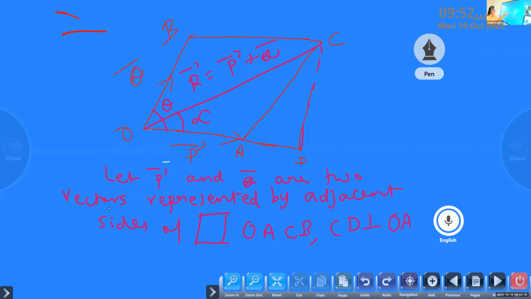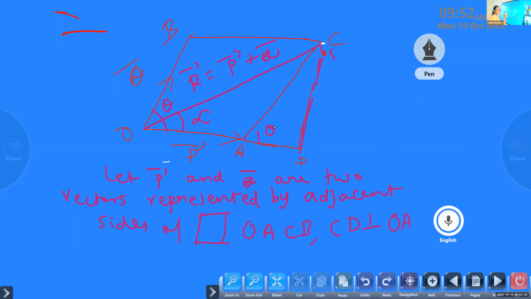So OA is OA. OD is equal to OA plus AD. If this is theta, you have learned some identity using theta. If it is theta here, here also it is. Did you learn the geometry construction like that? This is going to be theta.